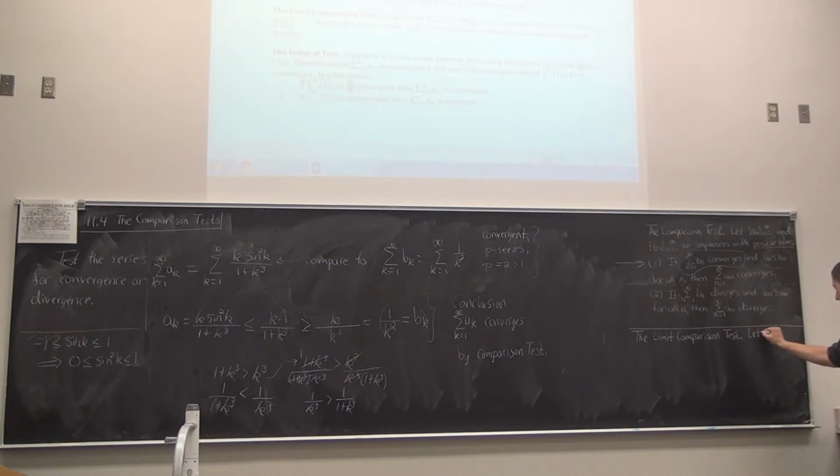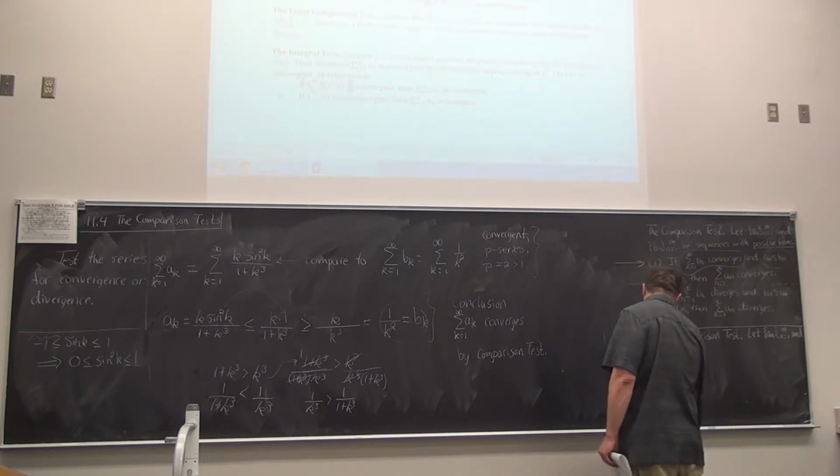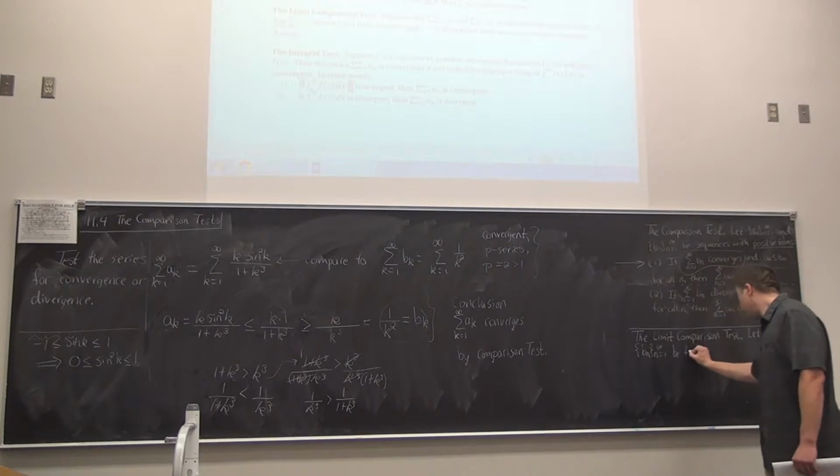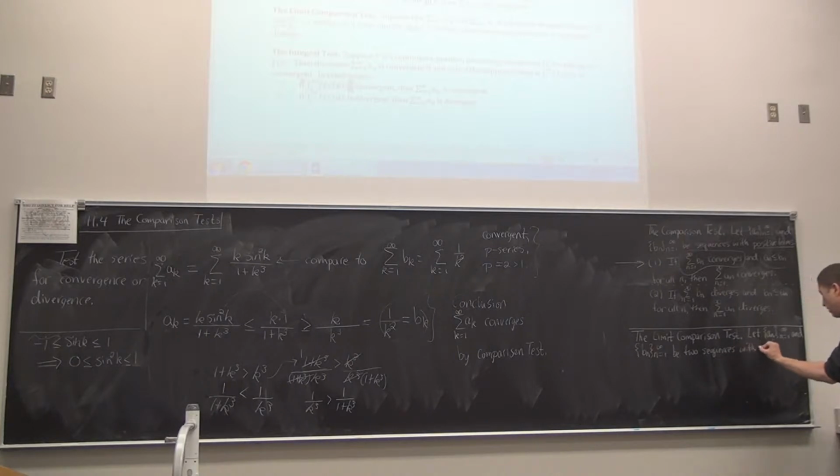It says to let the sum of a sub n, as n goes from 1 to infinity, and the sum of b sub n, as n goes from 1 to infinity, be two series with positive terms. So we still have a bit of a dilemma.